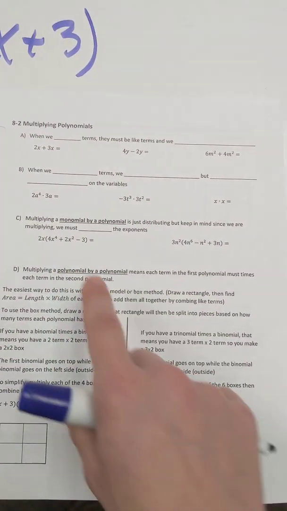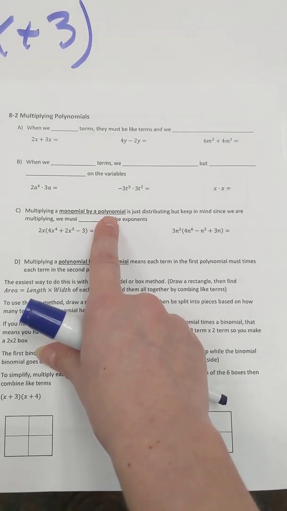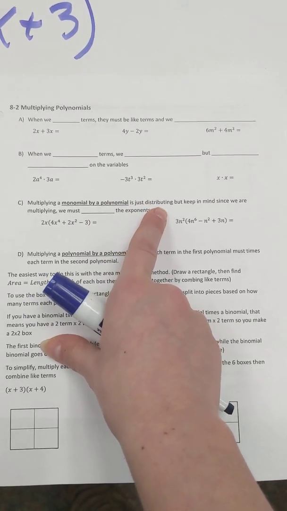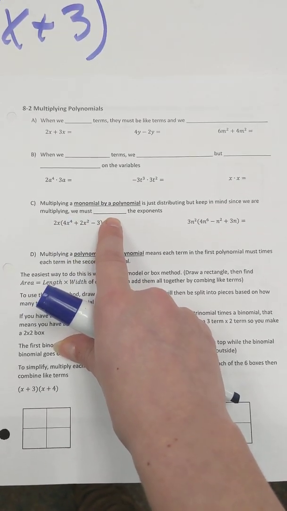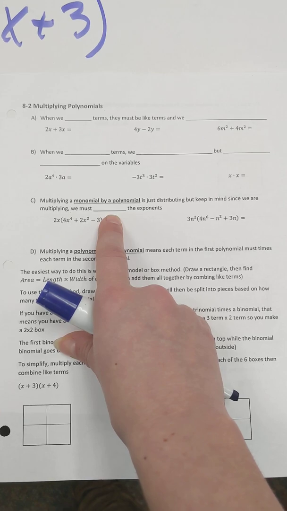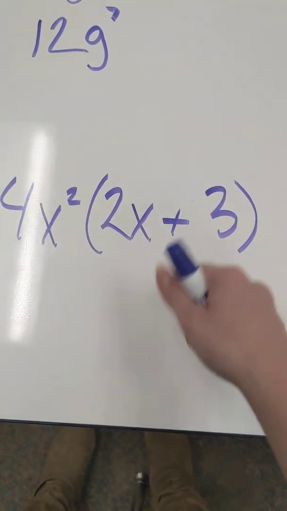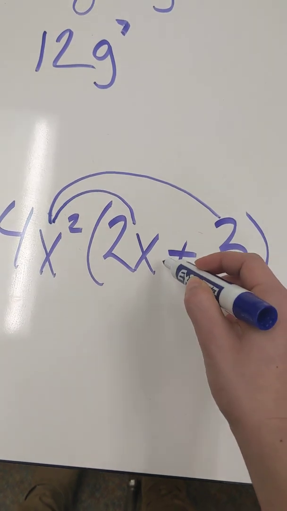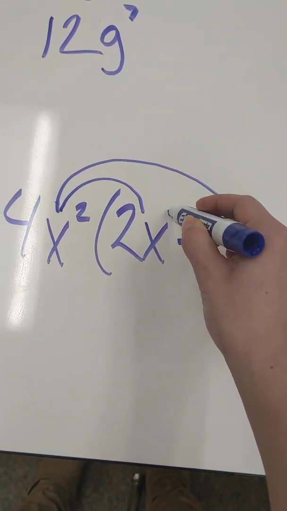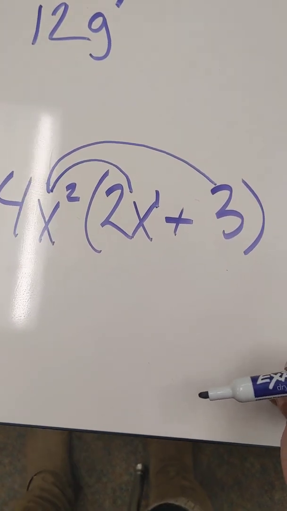Part C, when we're multiplying a monomial, one term, by a polynomial, multiple terms, it's just distributing. You just have to keep in mind, since we're multiplying, we must add the exponents. So on our example over here, 4x squared times 2x plus 3, I'm just going to do my distributing. You may want to remember that if there's not an exponent, there's a 1. You may want to write that. It might be helpful because now we need to add our exponents with our multiplying.